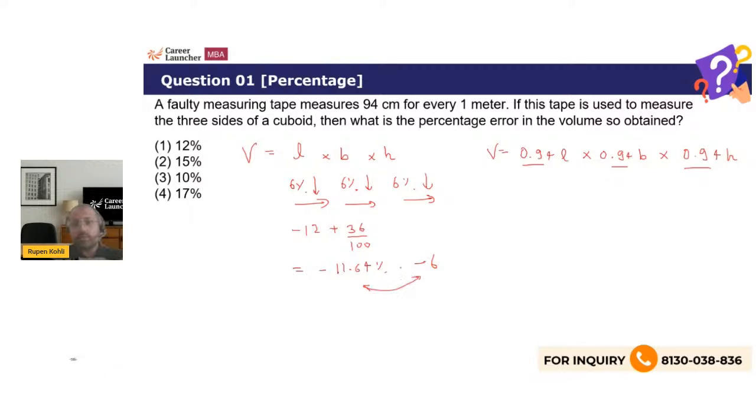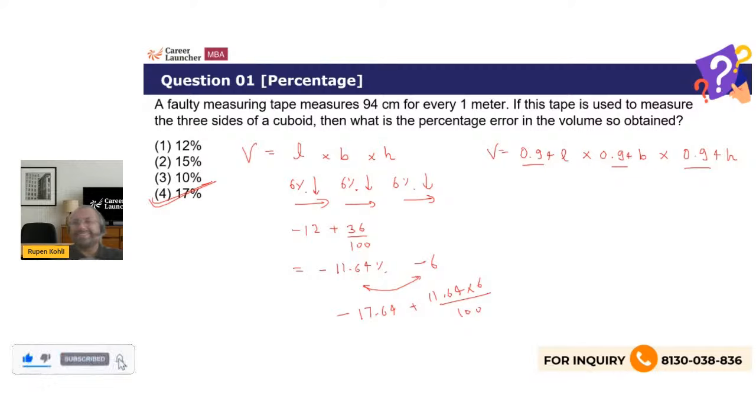So apply the formula on these two again: a plus b, minus 17.64, plus minus minus cancels, 11.64 into 6 by 100. This is somewhere around 11 into 6. If I take it rounded off as 66, so 0.66. So almost minus 17.64 plus 0.66 is almost minus 17. So yes, the fourth option makes sense over here.